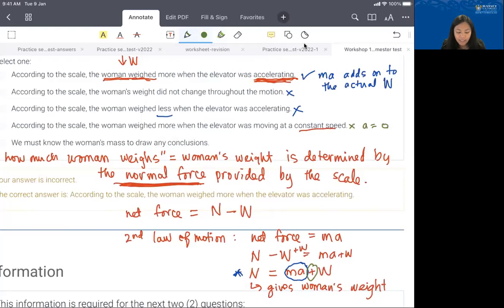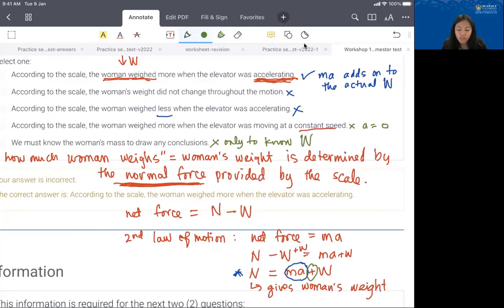And the last statement, we must know the woman's mass to draw any conclusions. Well, we need to know the woman's mass to know the actual weight force, but we don't have to know the actual mass to know that the acceleration should add on to the actual weight of the object.